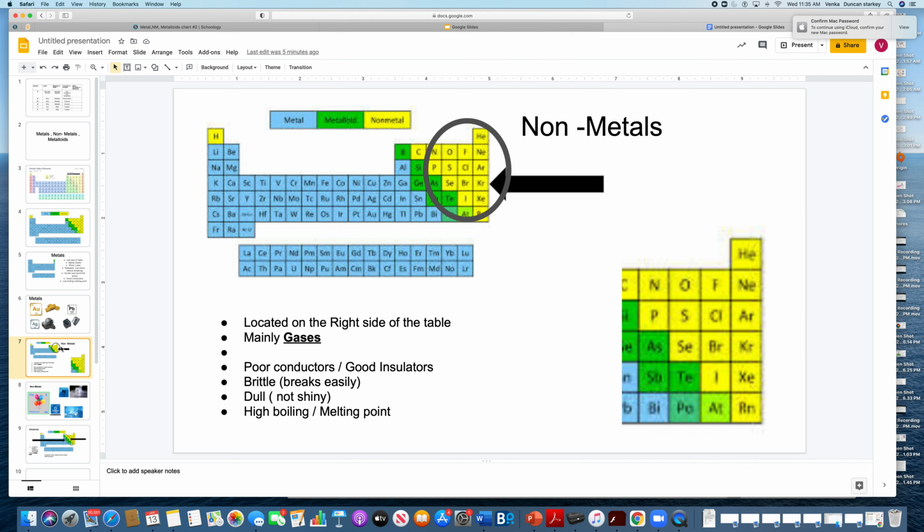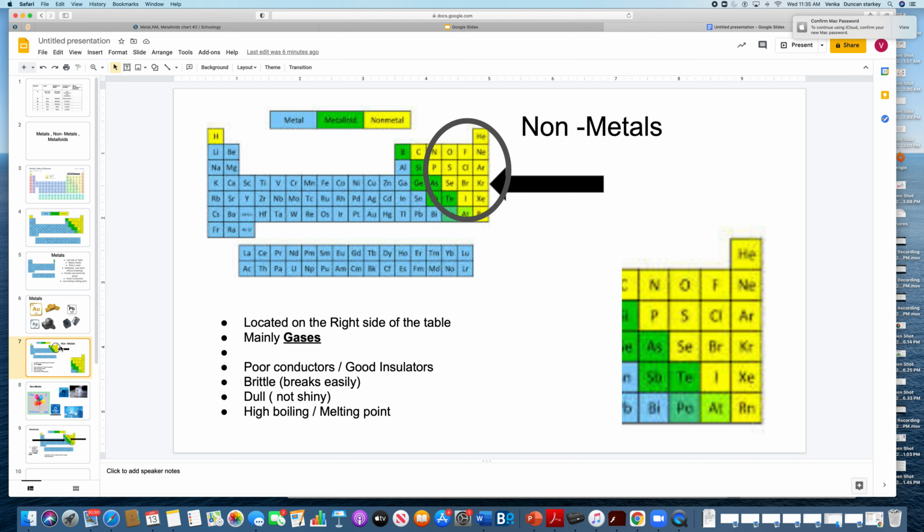They are brittle, which means if they are hit with a hammer or a hard object, they break or shatter easily. They are dull, so they are not shiny. When you shine a light on them, they will not reflect. And they have a high boiling or melting point.